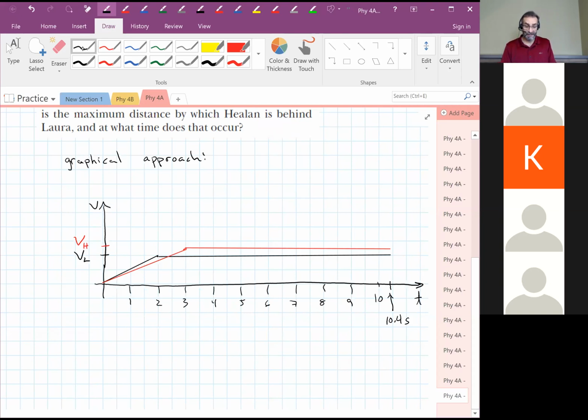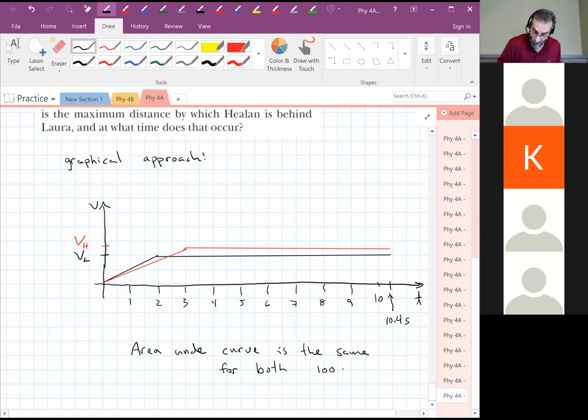It's a 100-meter race. So the area under these curves is the same. And we know what that is, right? 100 meters.